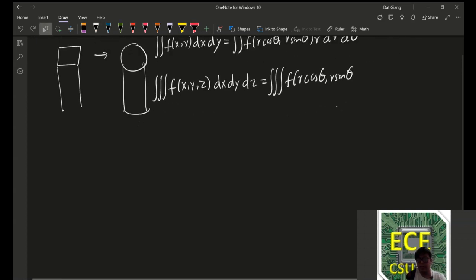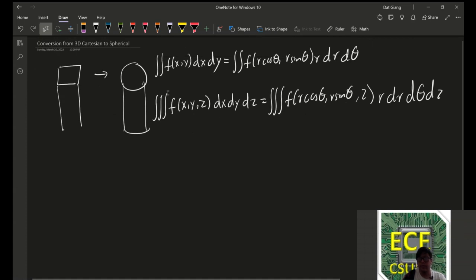So we have z, r dr d theta dz. Notice that the difference between these two is simply a height. So therefore, we can see that converting from polar to cylindrical is just adding a height z to it.